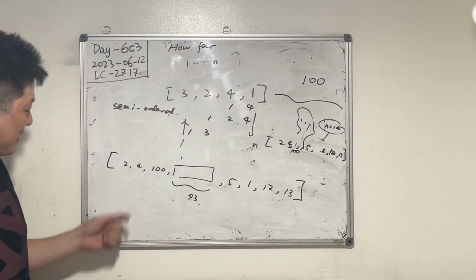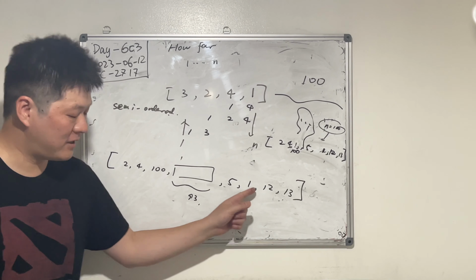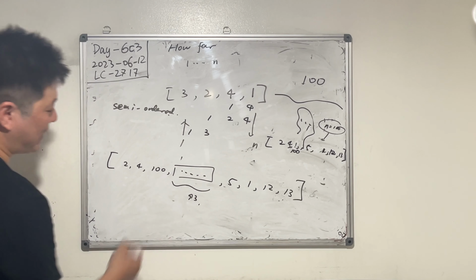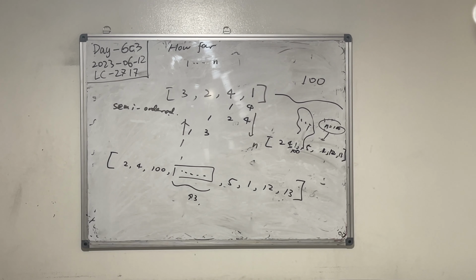Altogether 100 numbers. Just imagine there are only 93 numbers here. So how many swaps? How do we work it out?